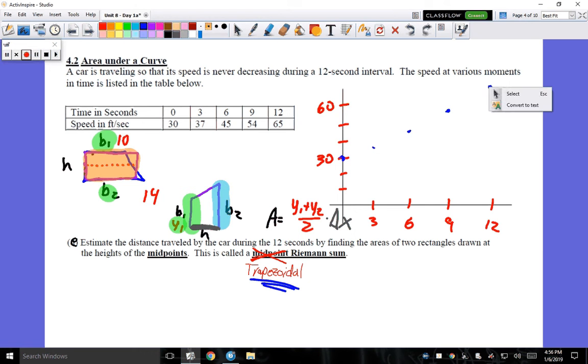Okay, so here's my graph. Same stuff, but now we're going to have 4 rectangles so that we have a better approximation, and we're going to do trapezoids.